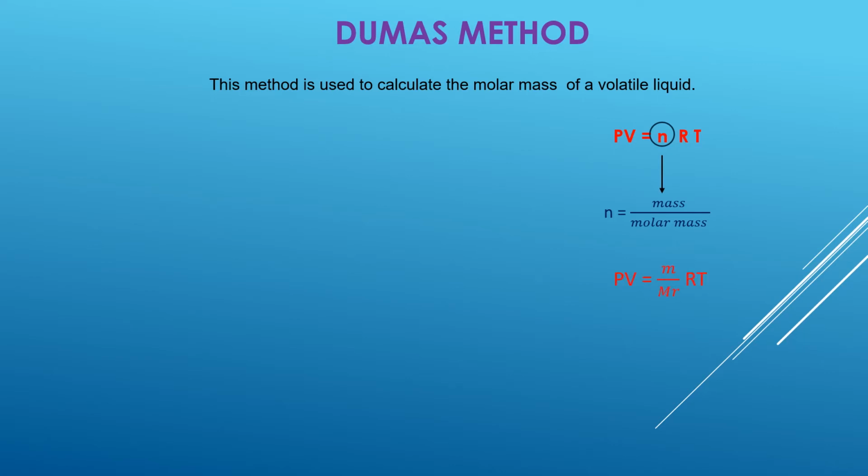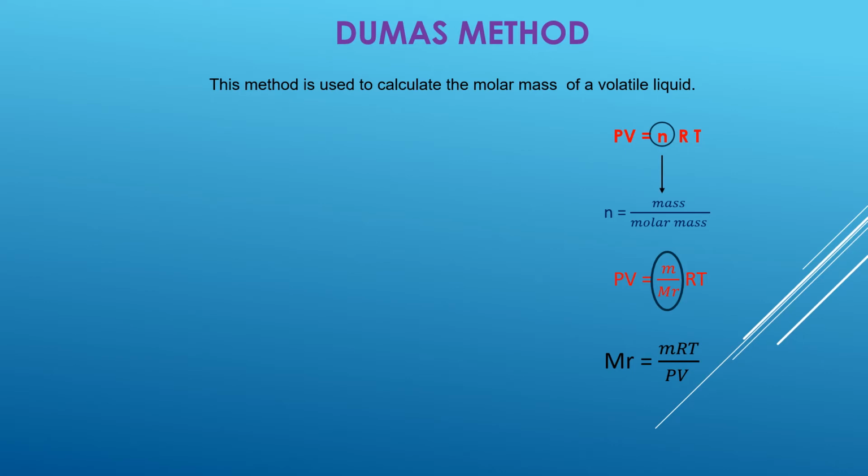The equation is going to read as PV is equal to mass times R times T divided by molar mass. Since our objective here is to calculate the molar mass of the volatile liquid, if we make Mr the subject of the formula, the equation can be rearranged as Mr is equal to mRT over PV.